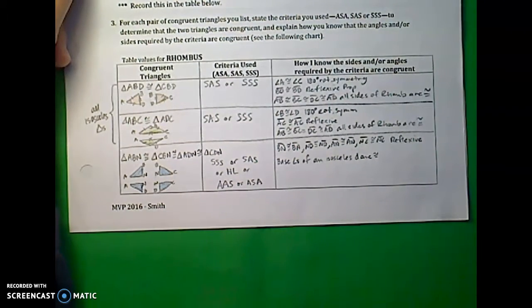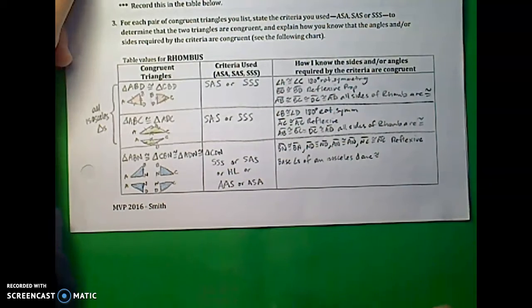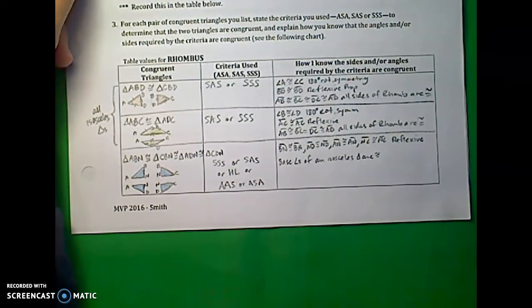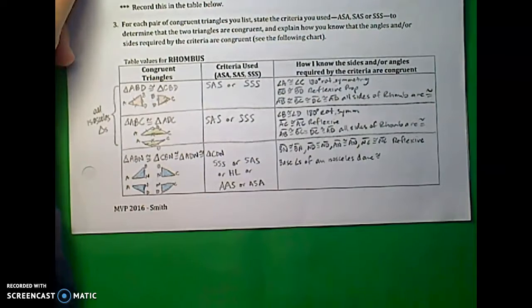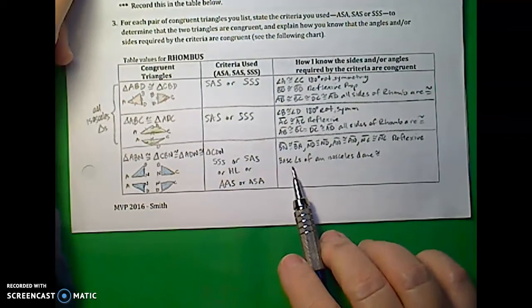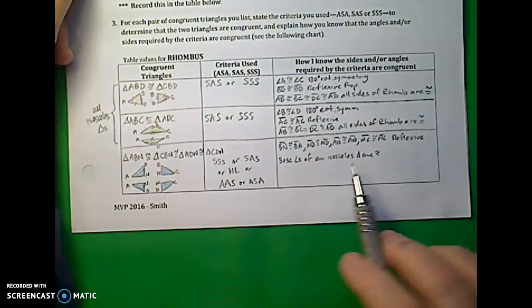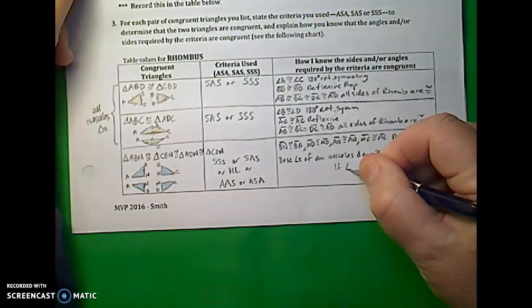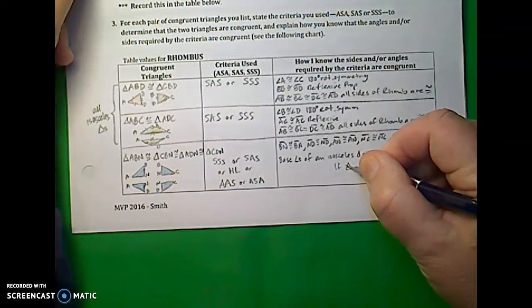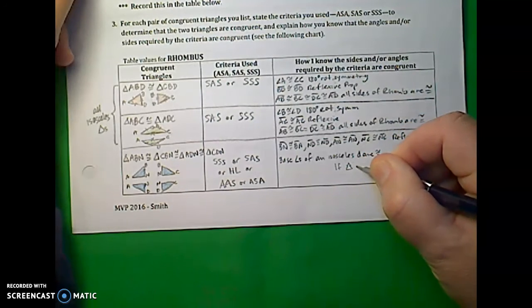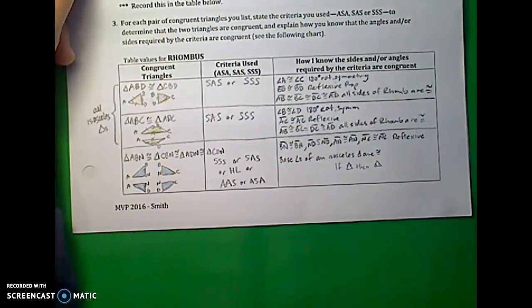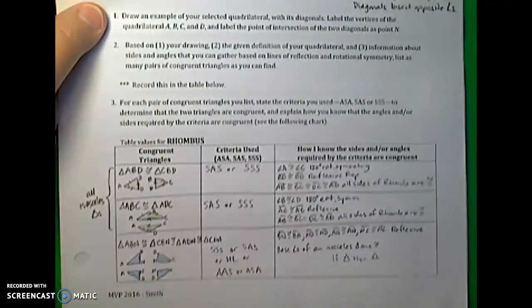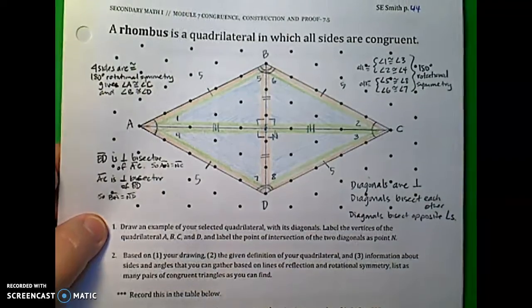And there's a lot of support for that, whether it's rotational symmetry, a reflection, or your reflexive property, or even, how about base angles of an isosceles triangle are congruent? That was the if two sides of a triangle are congruent, then two base angles are congruent. Anyway, that's some of the reasoning behind the rhombus.